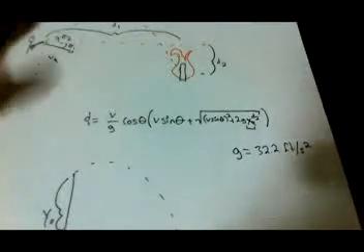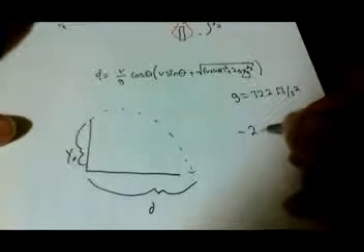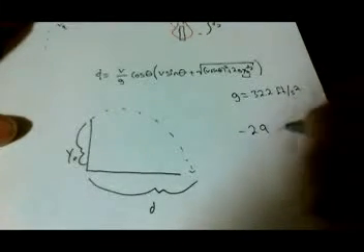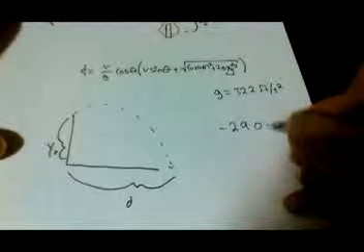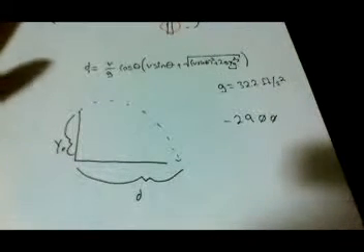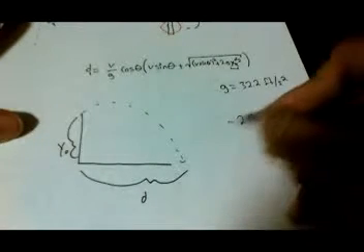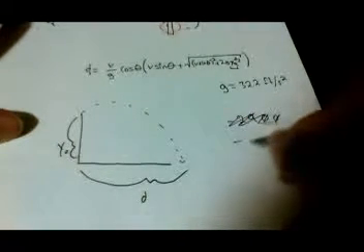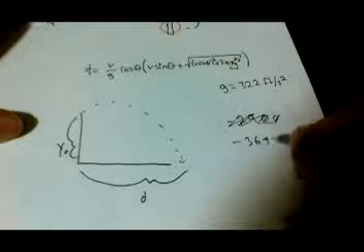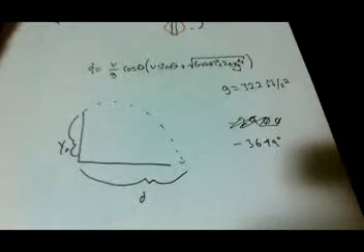But it will give you some bizarre numbers. It'll give you something like negative 2,900. I'm making up numbers here. Say it gives you negative 2,900. Actually, I'm going to make this number a little bit nicer. Say it gives you negative 3,649 degrees.